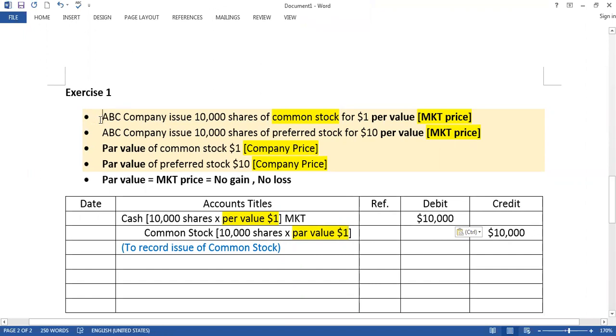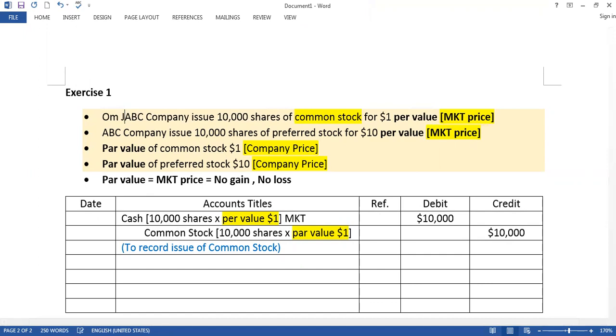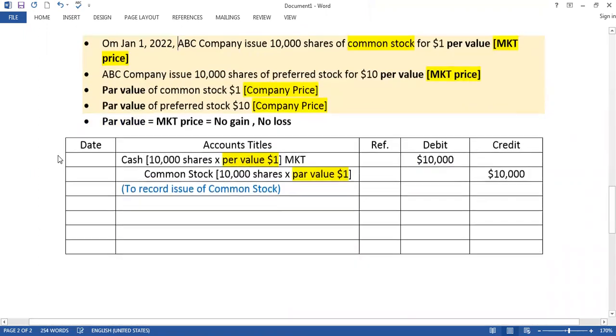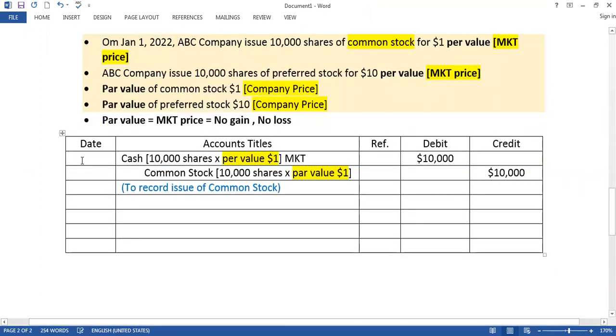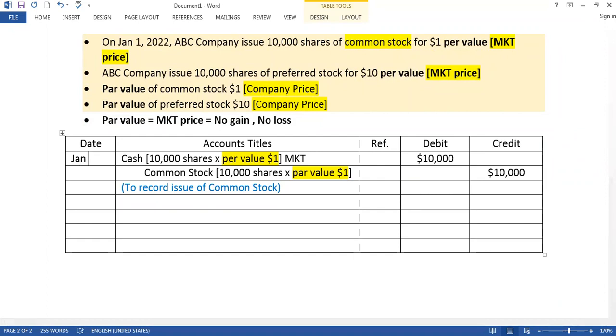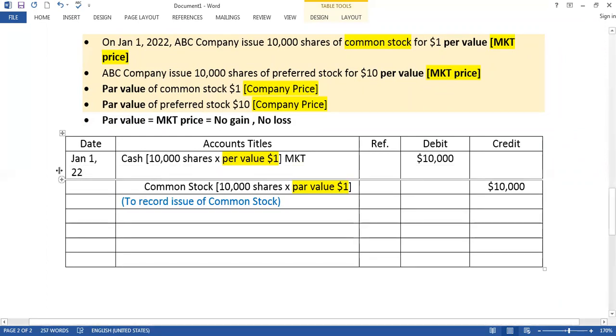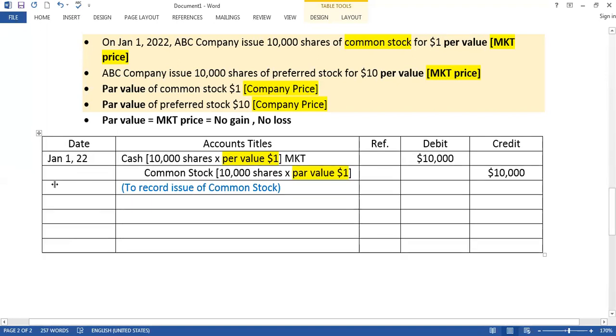For example, the company issues stock. I can write the date, January 1st, 2022. This is the date first. And for the reference, you do not need to write anything.